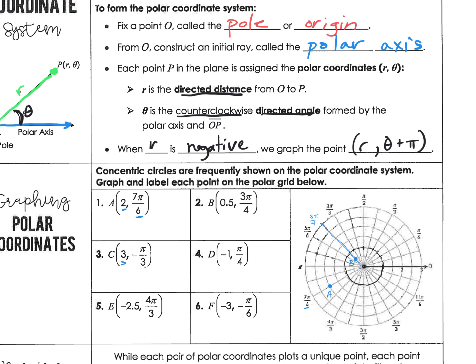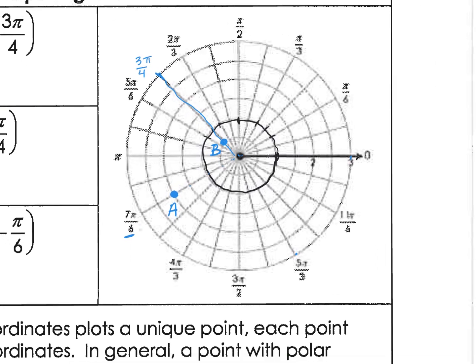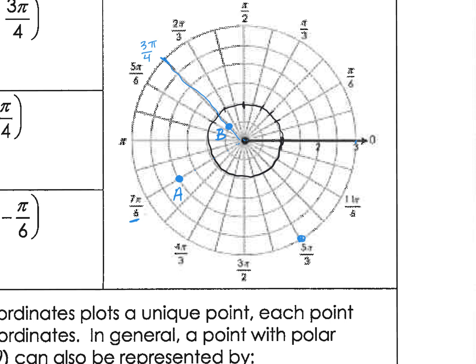R is positive, so in this case, negative pi over 3 would be the same as negative pi over 3 plus 2 pi, or 6 pi over 3, which would be 5 pi over 3. So we're really doing 5 pi over 3. We'll do the next one. That is where r is negative. So we go out to 5 pi over 3 and 3, so C is actually here.